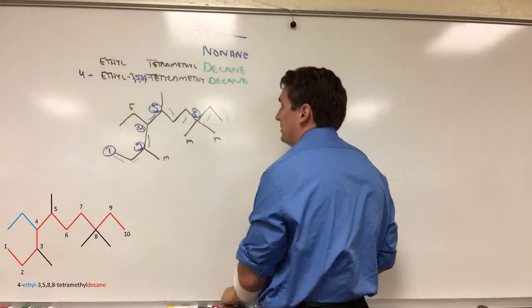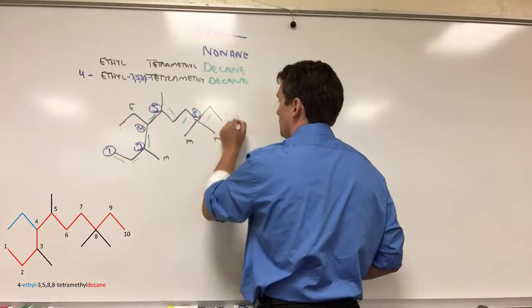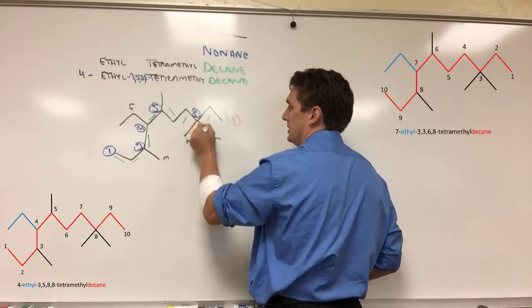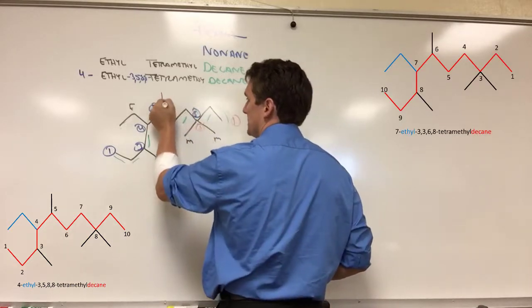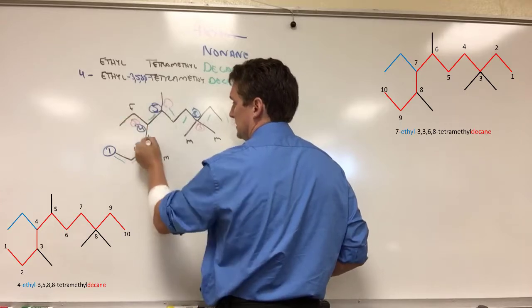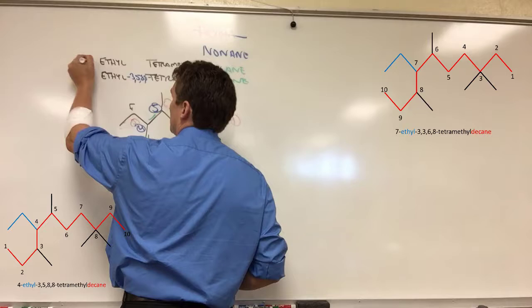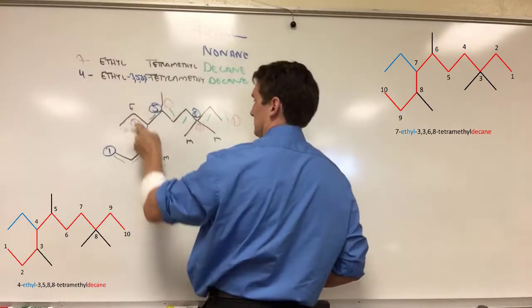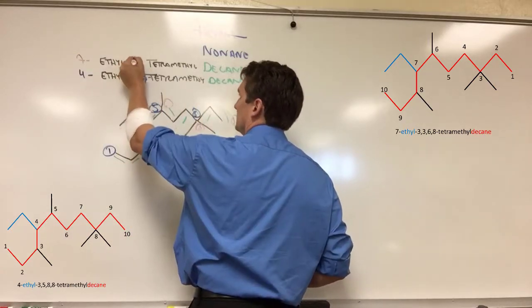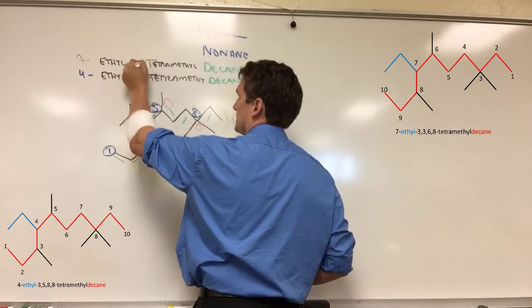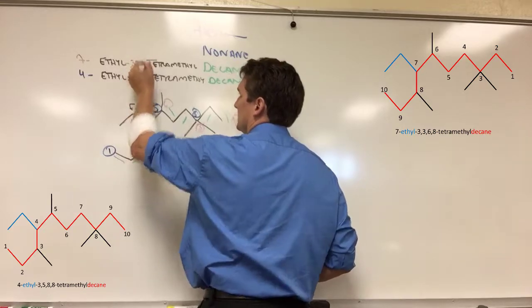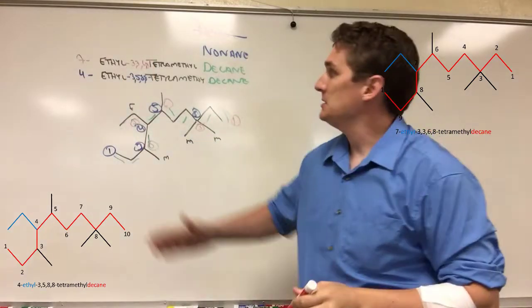If we go from the other end, we start with this as 1, 2, 3, 4, 5, 6, 7, 8, 9, 10. So in this case we have 7-ethyl, 3,3,6,8-tetramethyl.